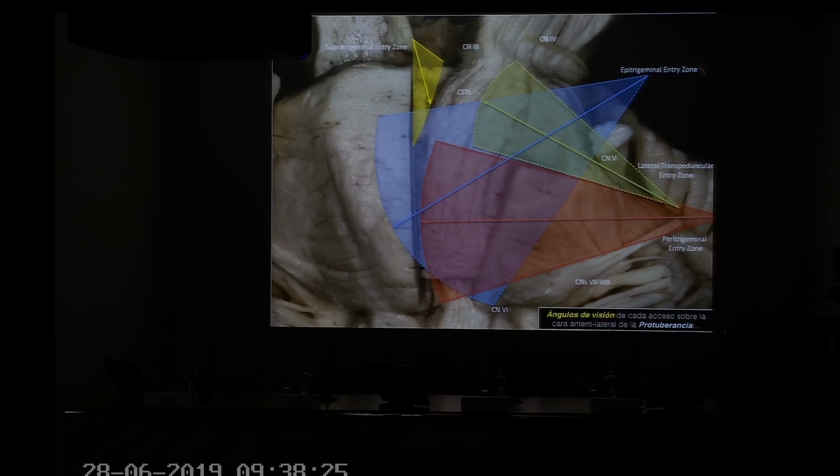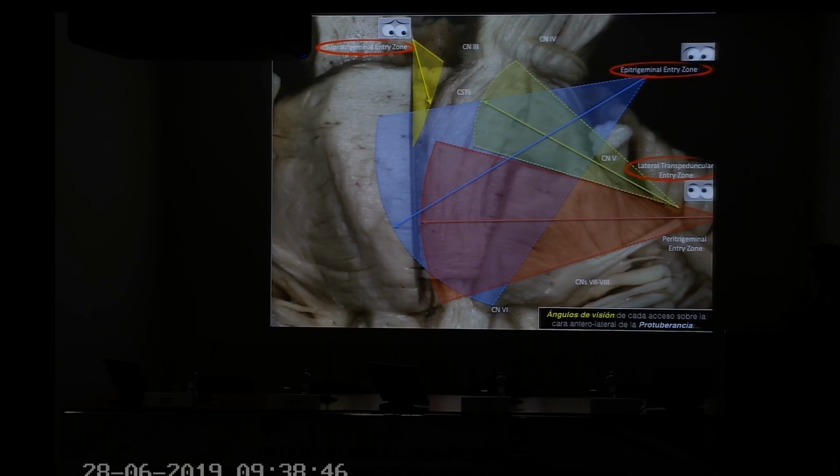All these entry zones are around the 5 nerve. This is the smallest, and the most important for me is the epitrigeminal, and in second place the peritrigeminal area, so as not to touch the corticospinal fiber tract, running from top to down.